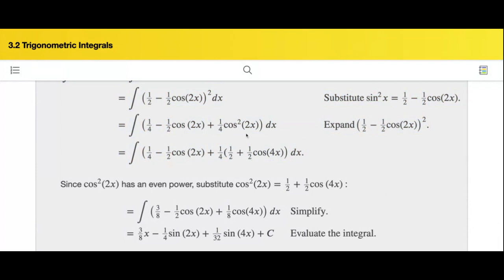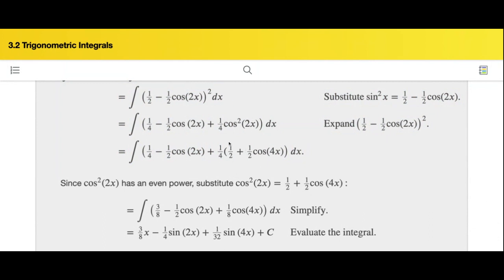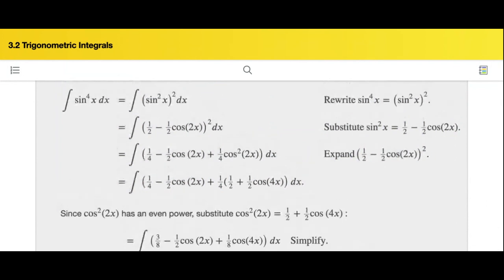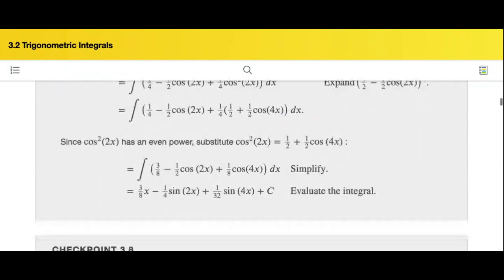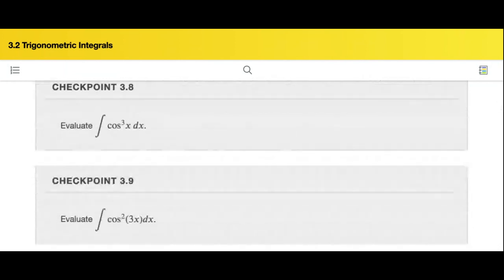So we get a quarter times cos squared 2x, that's half plus half cos of 2 times 2x, which is 4x. So we applied the half angle formula twice. Anyone has any questions? Okay. Keep going, the rest is just calculations.